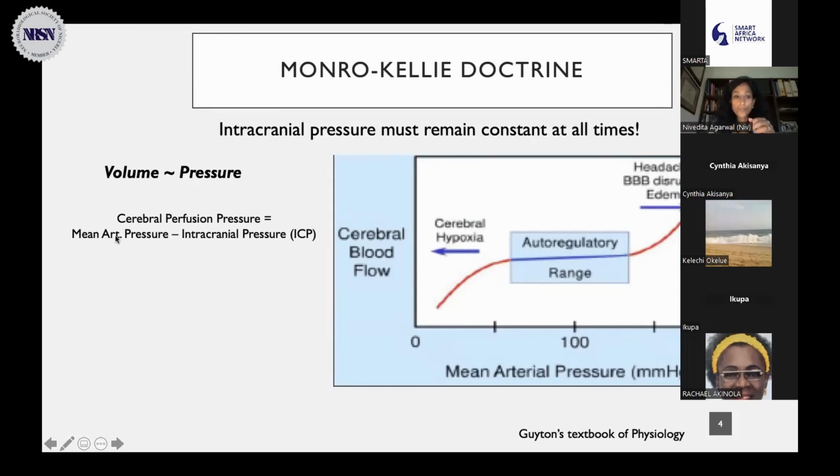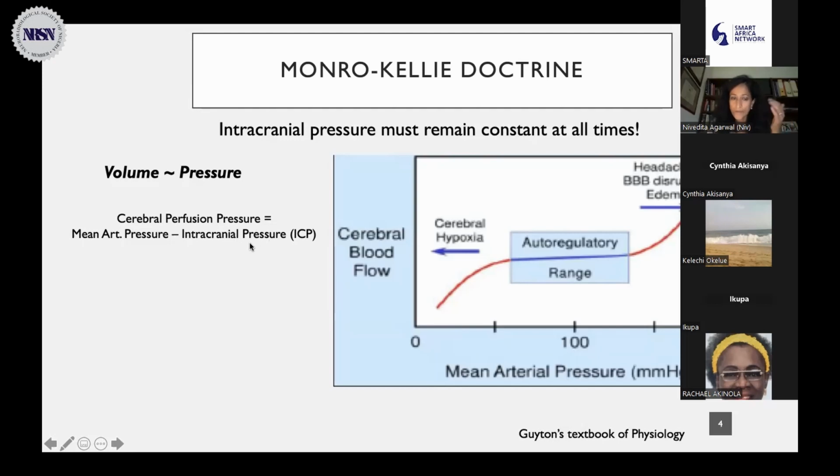This is important. The arterial pressure is important because it directly influences the perfusion pressure.